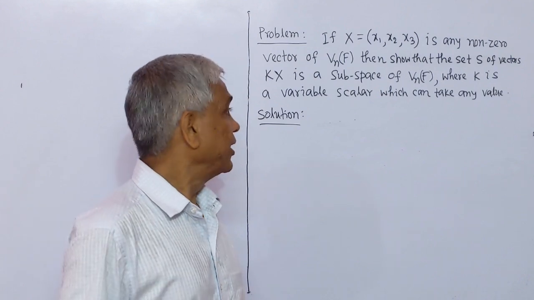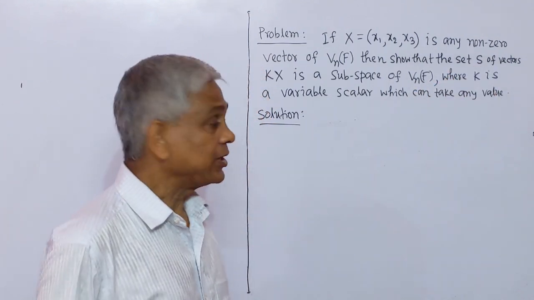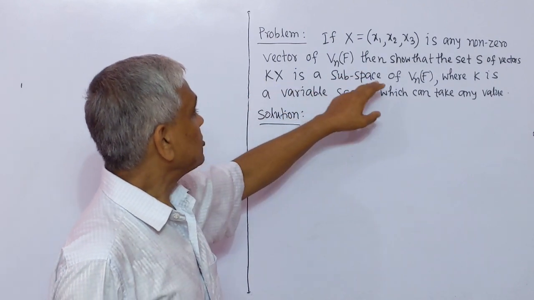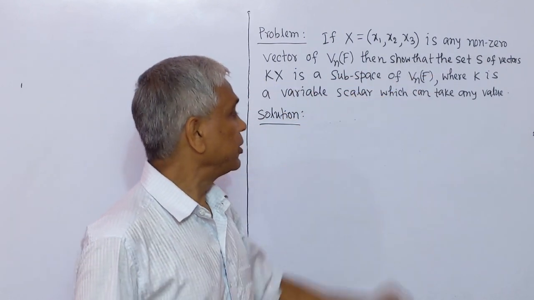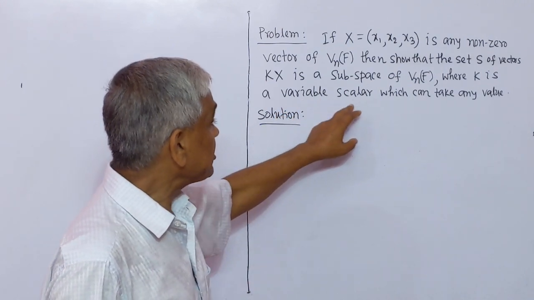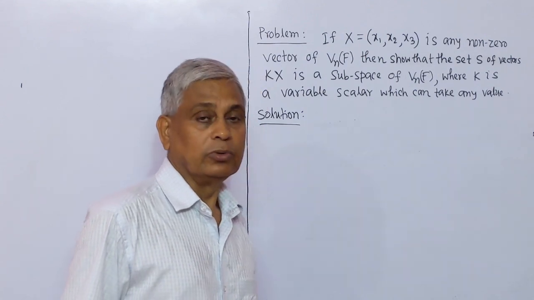Then so that the set S, capital S, of vectors Kx is a subspace of VNF, where K is a variable scalar which can take any value.